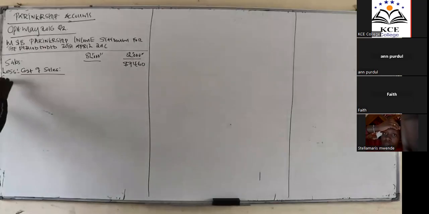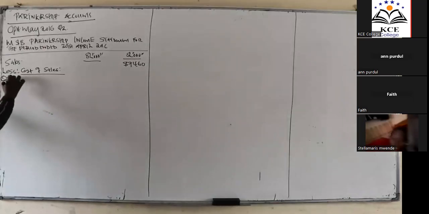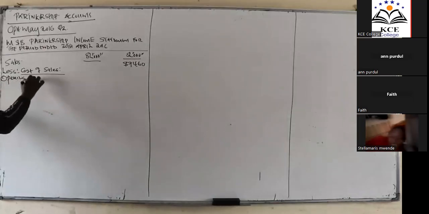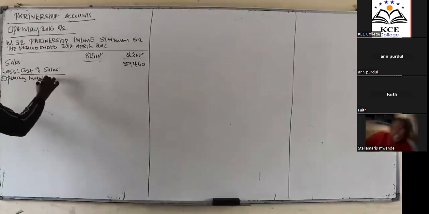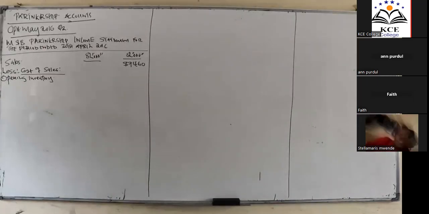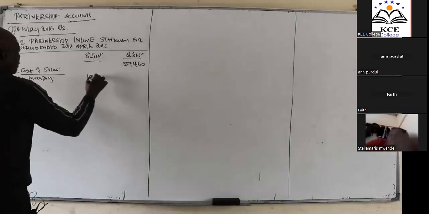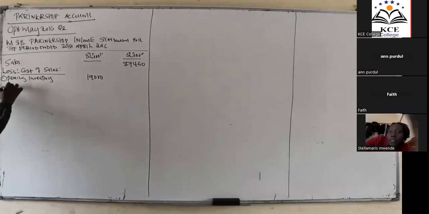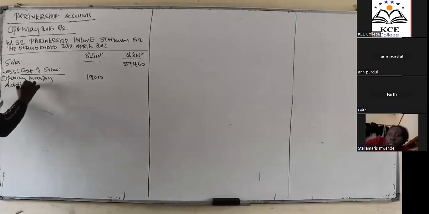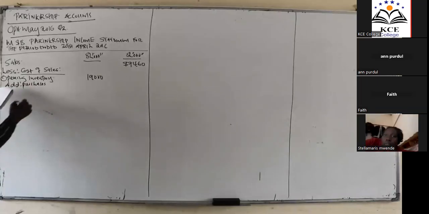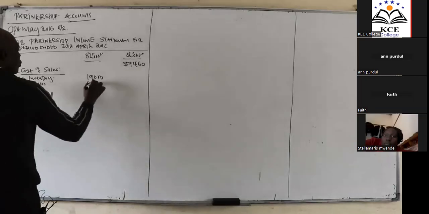So you start with the opening inventory. What is the value for opening inventory? 19,000. And then you add purchases. What is the value for purchases? 62,140.